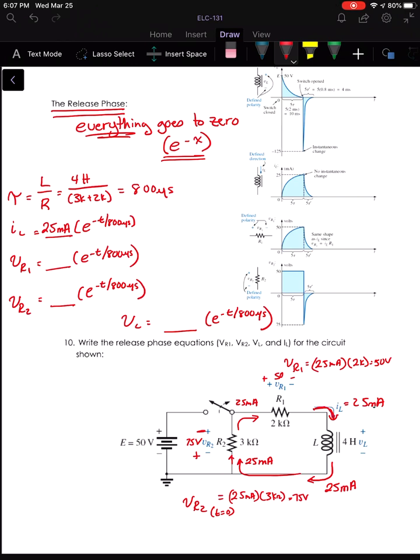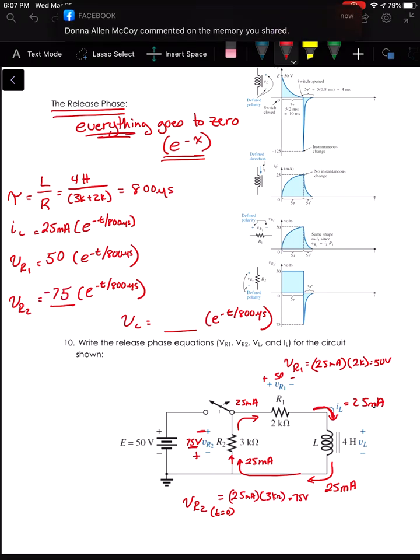So VR1 is going to be 50 volts. It's going to start at 50 and go to 0 over time. And now let's look at VR2. VR2 is 75 volts. We just calculated that. But remember, it's in the opposite direction from where it was in the storage phase. So I'm not just going to put 75.